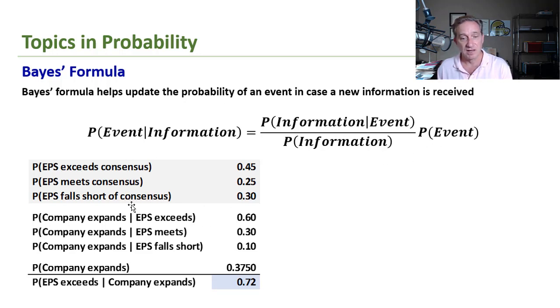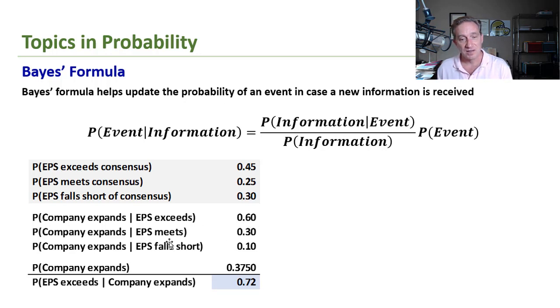Then we're given three conditional probabilities, and these are all the probability that the company expands conditional on different events with respect to the EPS. If the company's EPS exceeds consensus, so think it's doing very well financially, there's a 60% conditional probability that it expands.